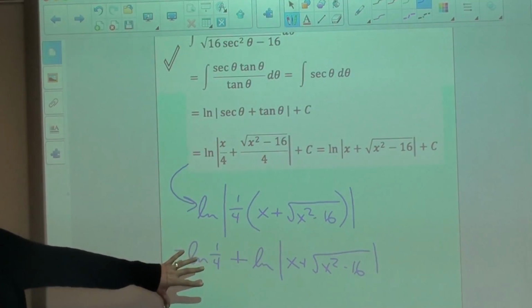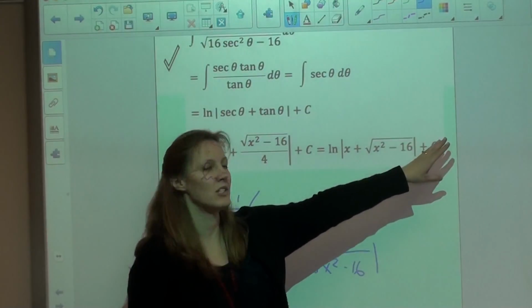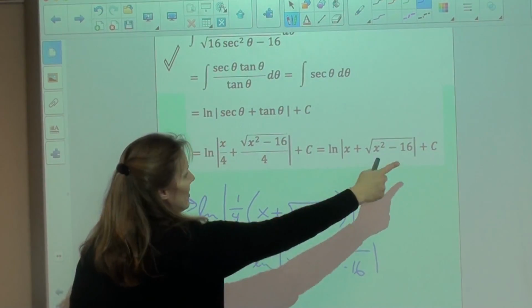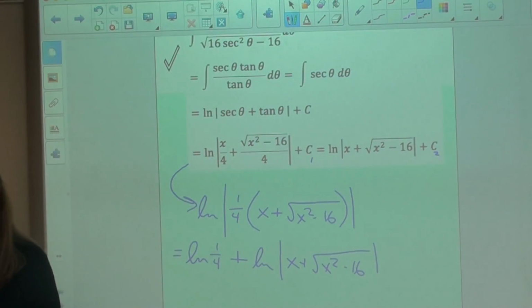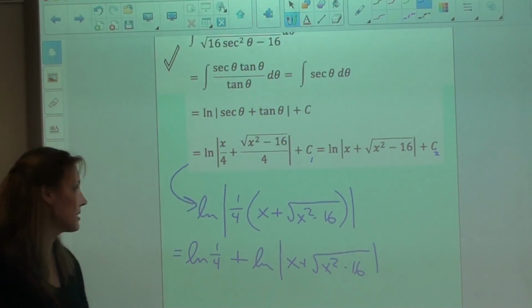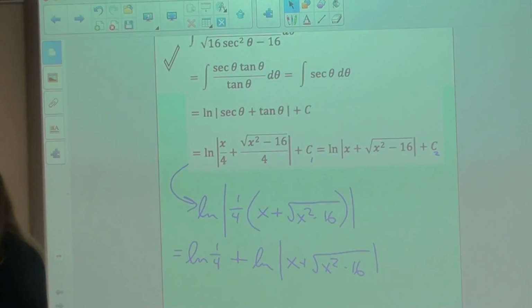Whenever there are constants of any kind, they all get lumped into the C. Technically this is wrong; we should have a different symbol to show they're different constants, but all constants get absorbed into the unknown constant on the exam.